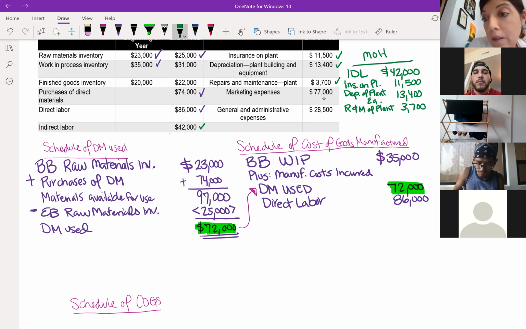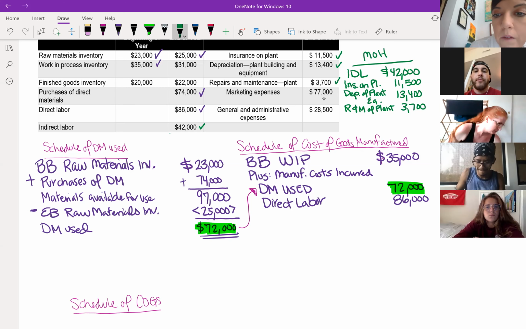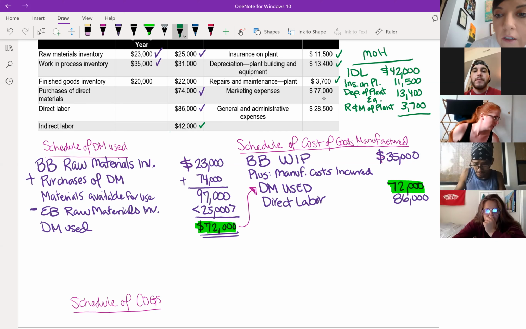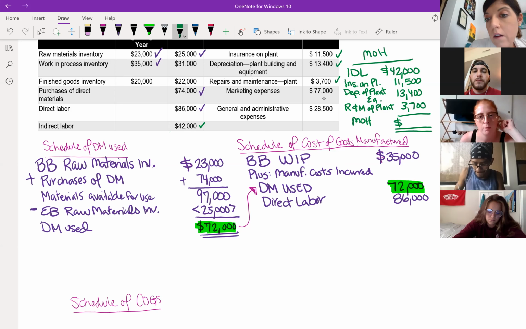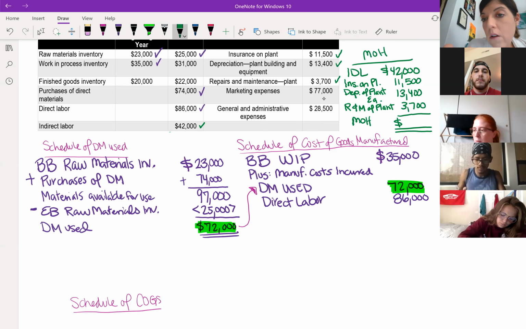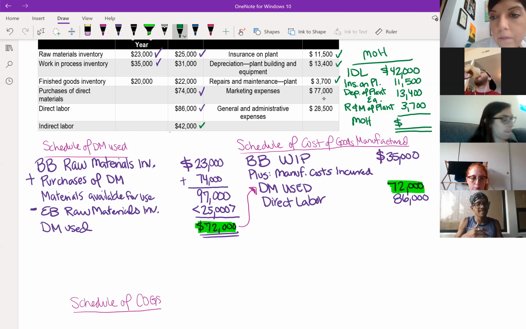Marketing expenses? Nope. General and administrative? No. Perfect. So now we can total that up. So manufacturing overhead costs incurred: 70,600.